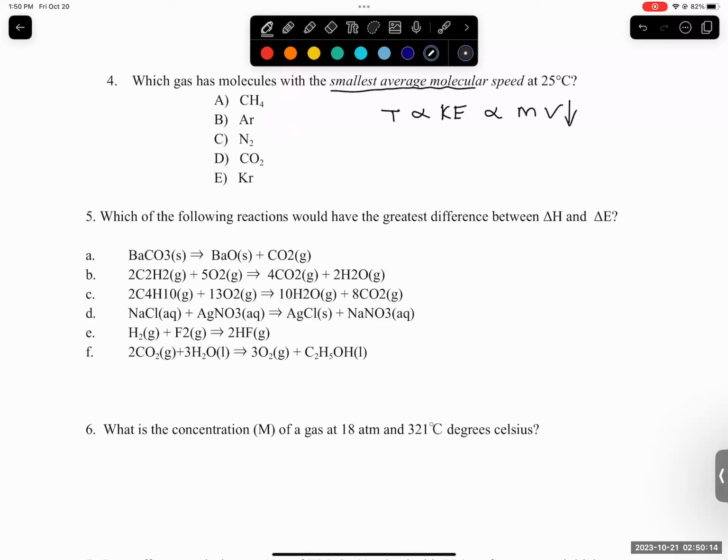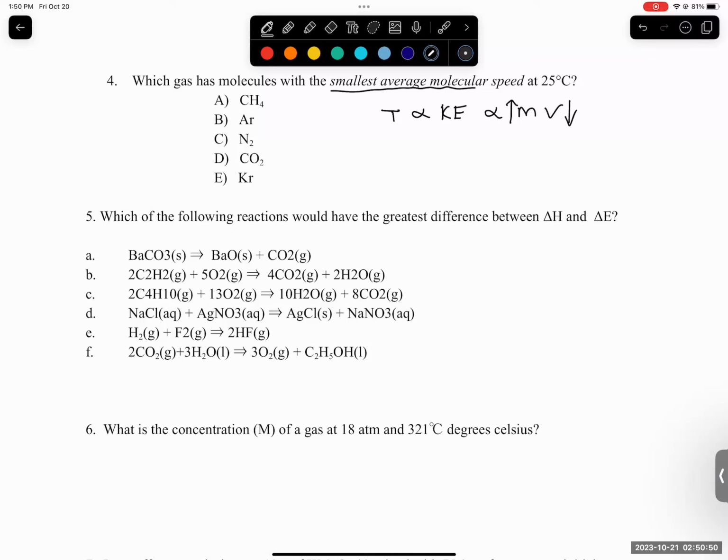But in order to make this ratio true, so that T is proportional to kinetic energy, the mass has to increase, right? Because if one goes down, the other has to go up. So what we're really looking for is the one that has the largest mass, which is going to tell us the one with the smallest molecular speed, no matter the temperature.